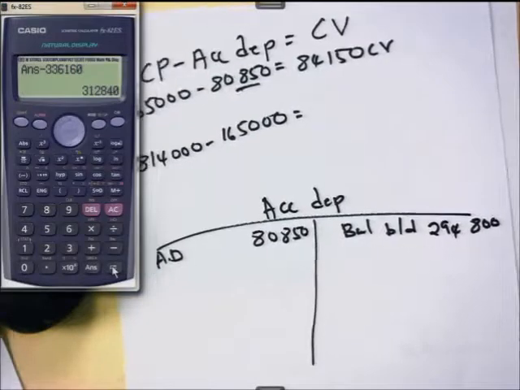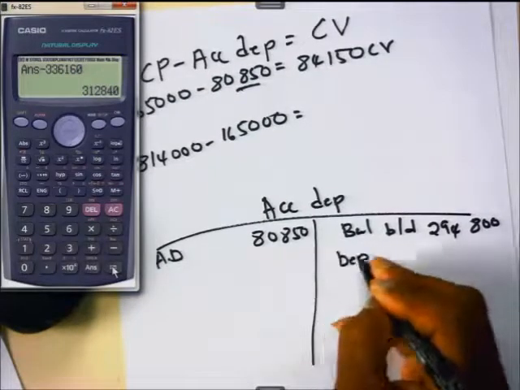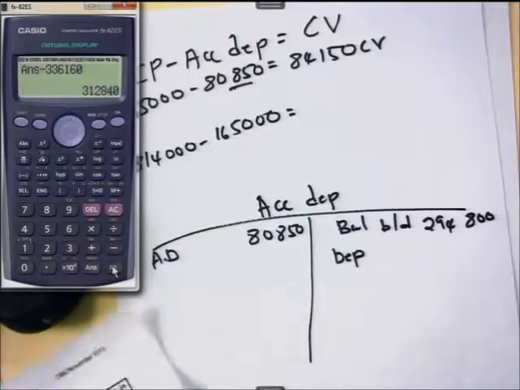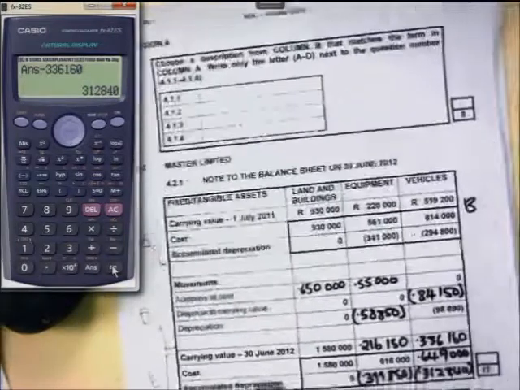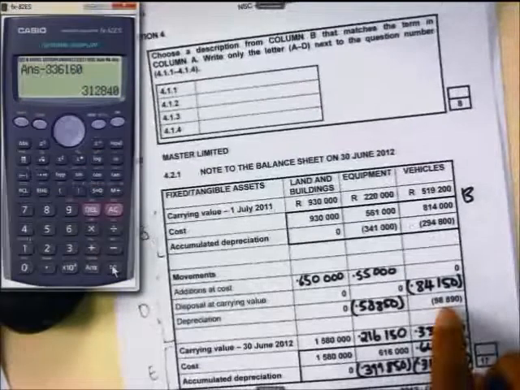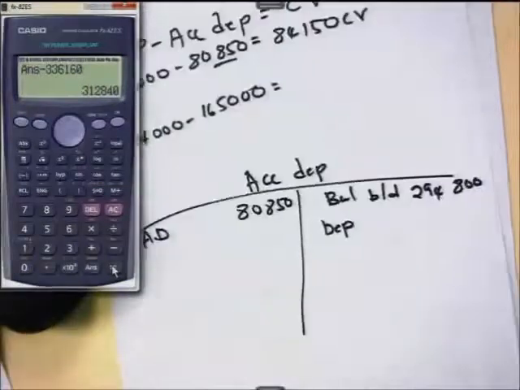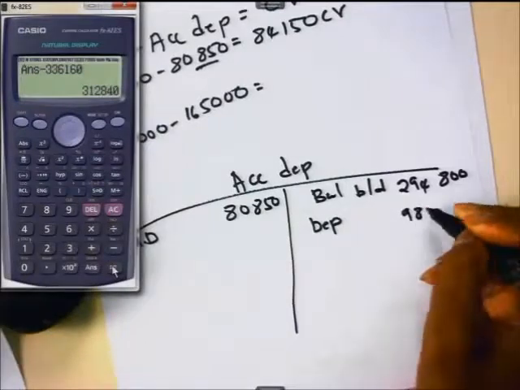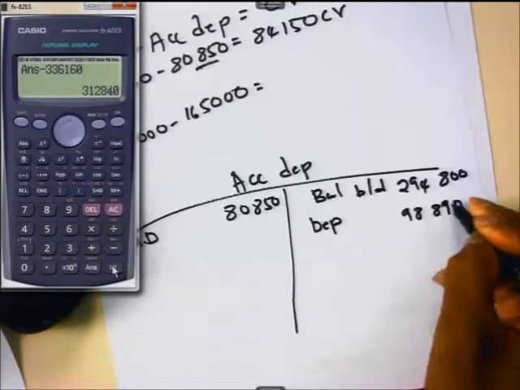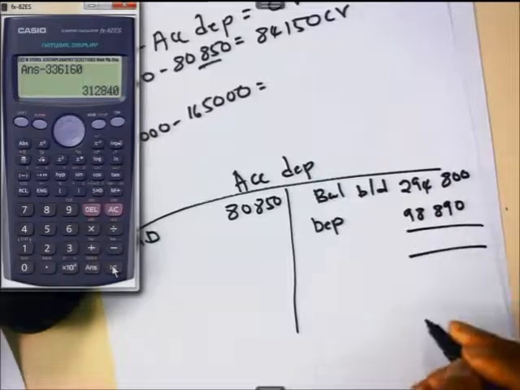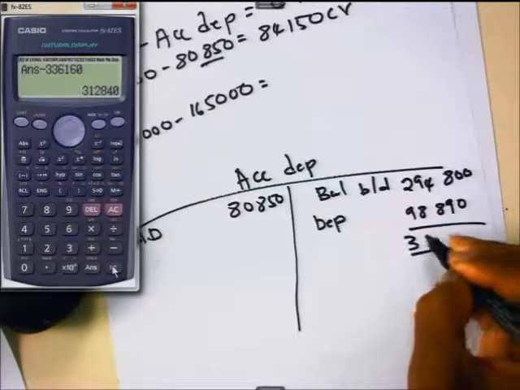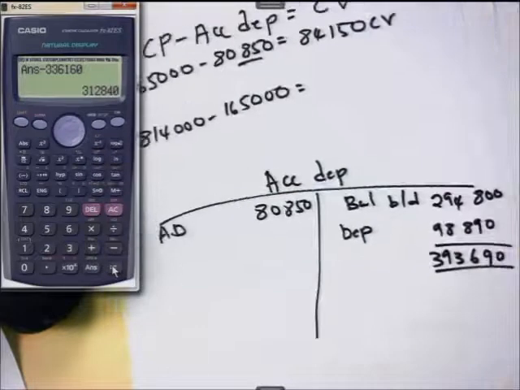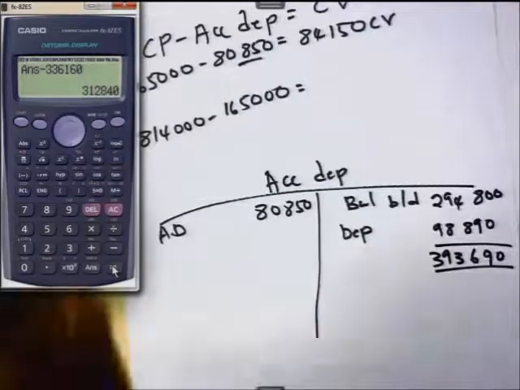With the accumulated depreciation, we also have depreciation there. If you refer to the question also, we are given depreciation as 98,890. So we can record it there, 98,890. And then if you add the two, you'll get 393,690 minus asset disposal.